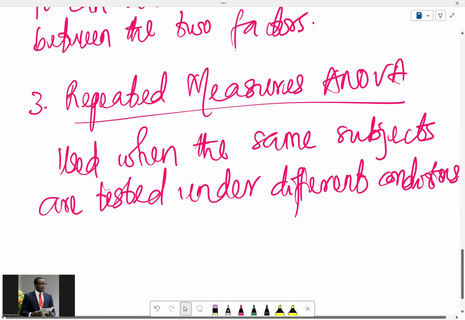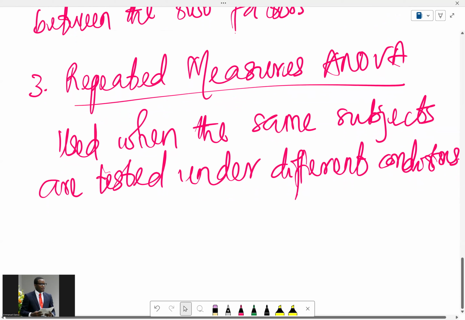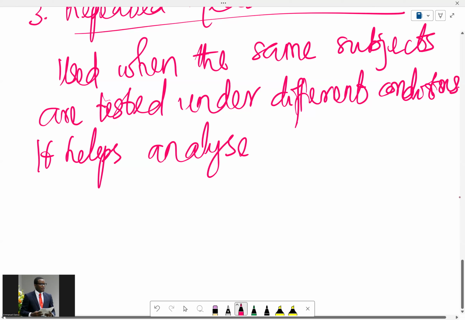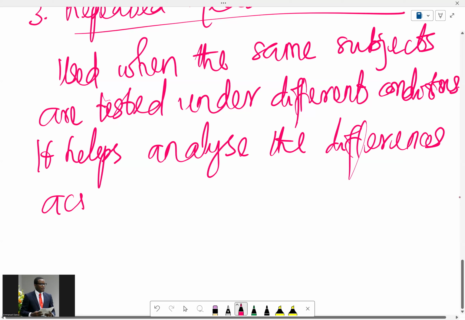So repeated measures ANOVA would be something similar to a paired test. It will be a paired t-test if you have data less than 30, and a paired z-test when you have data like 30 upwards. It helps analyze the differences across multiple measurements.